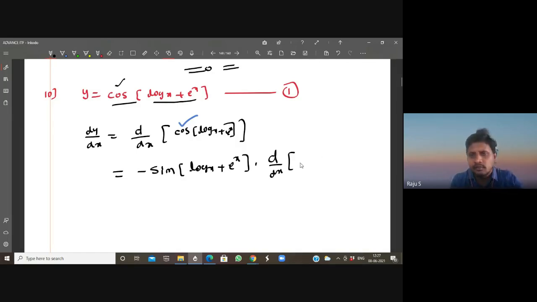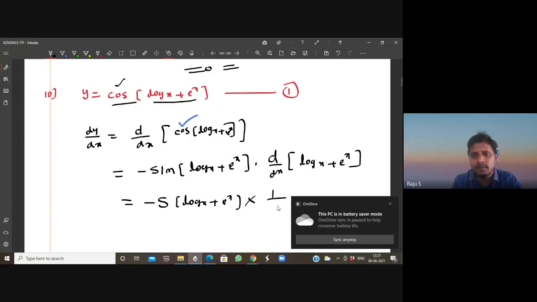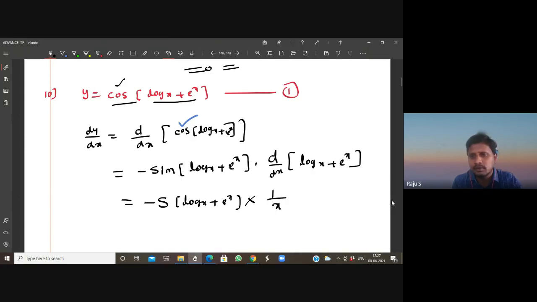So minus sine of log x plus e power x into, what is the log x derivative? 1 by x, plus e power x derivative is e power x. This is the answer.